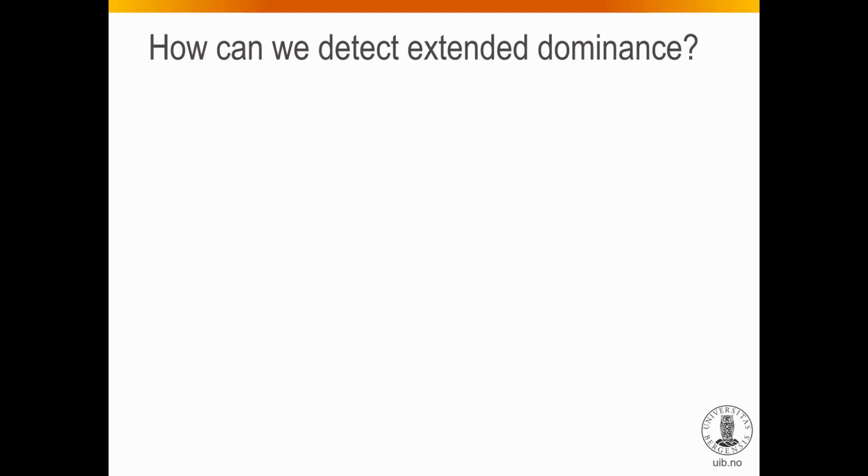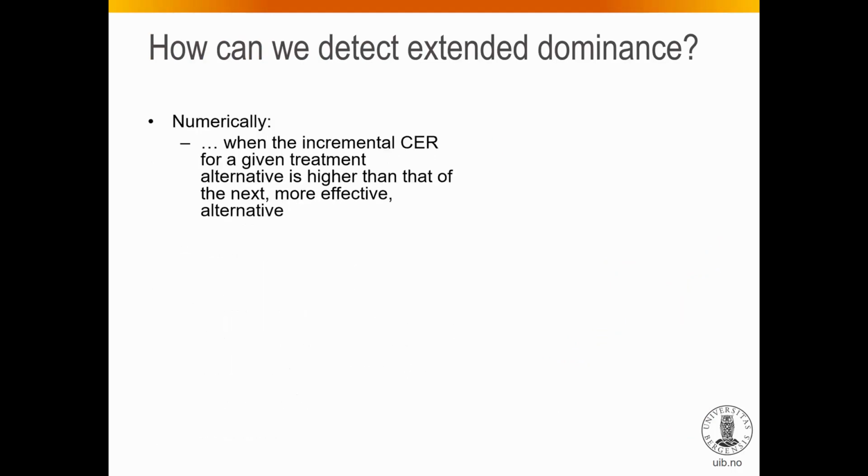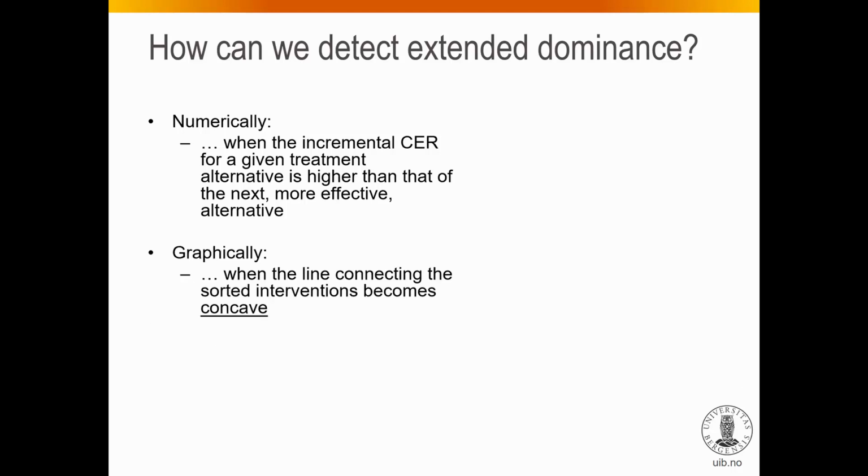There are two approaches. There is a numerical approach, and that's when the incremental cost effectiveness ratio, or the ICER, for a certain treatment is higher than the one of the next more effective alternative. Alternatively, graphically, when the line connecting the sorted interventions becomes concave.